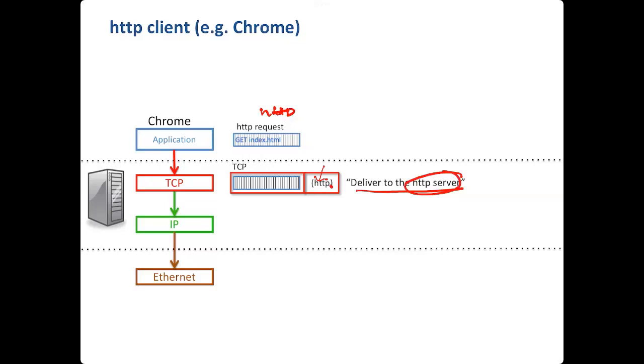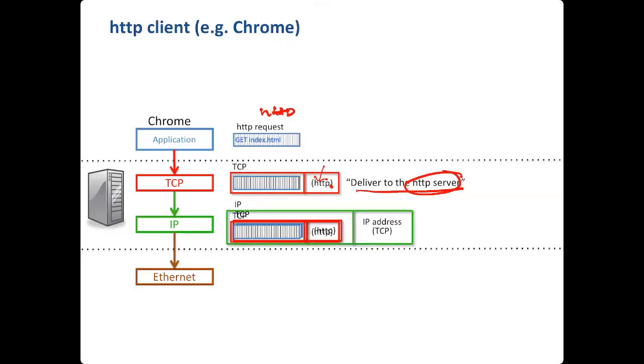Okay, all right. So now it says to deliver it to the HTTP server instead of the FTP server or some other server, right? So there is some port number, and now this packet has got to come to the IP layer. Now IP will put this TCP packet inside its own envelope or box or packet, and then add its own header.